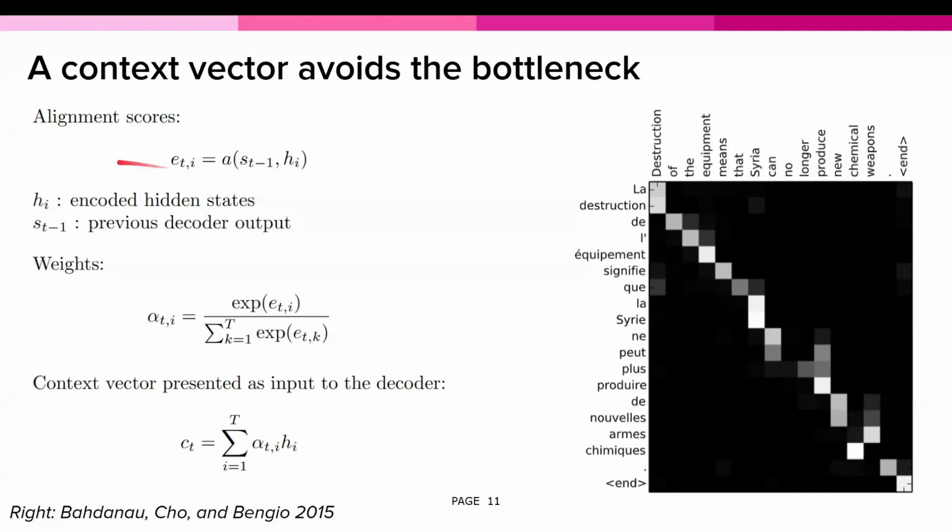The alignment scores essentially determine how well each word in the input aligns with the current word being generated in the output by the decoder.